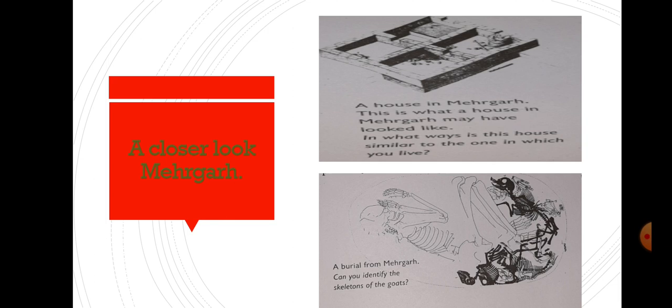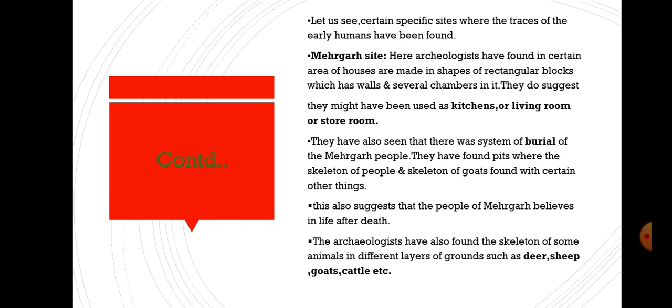The second one is a burial from Mehrgarh. When people died, they were buried deep inside the ground. So this must be a burial site where they excavated the ground, and in the same grave they found the skeleton of a man and animals, animals like goats. So we will see what it is all about.